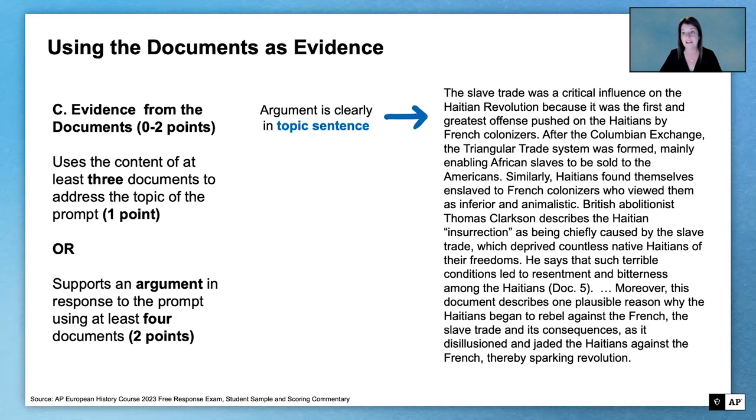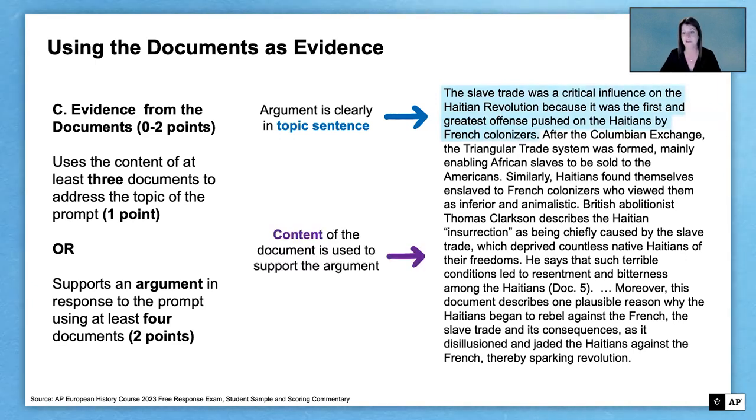We really like the structure of starting with a topic sentence. You can see here that the student has done that in blue, and then they have gone on after this and they have used the content of the document here specifically to support their argument. They're talking about document 5 and they're describing what the document's about in their own words.